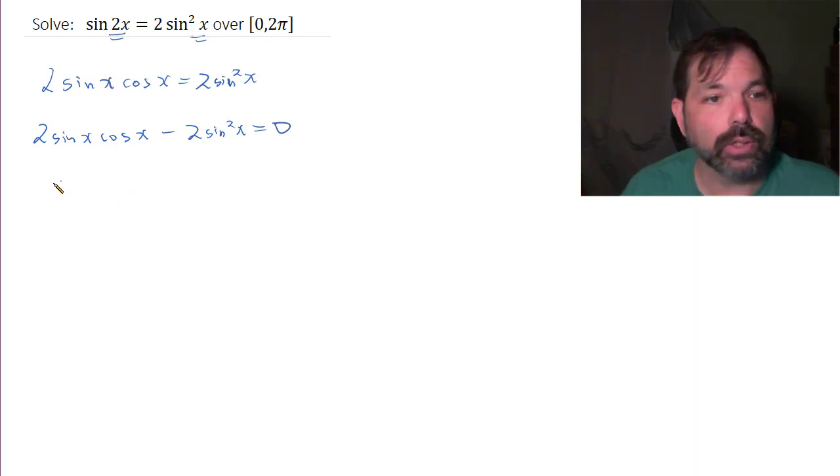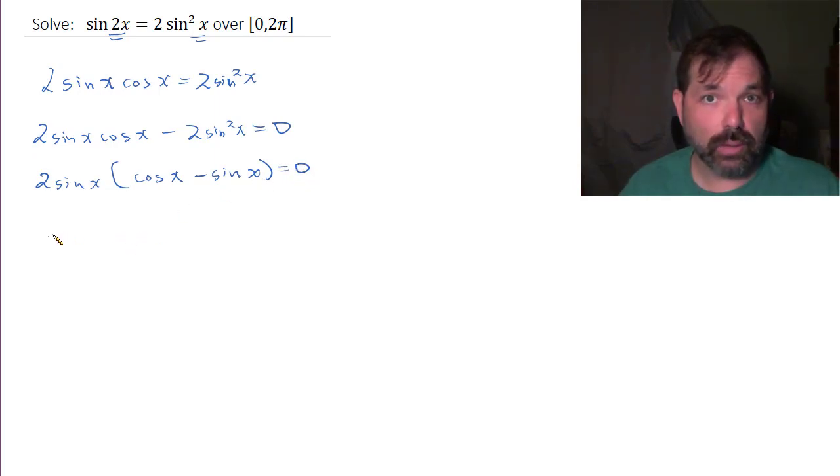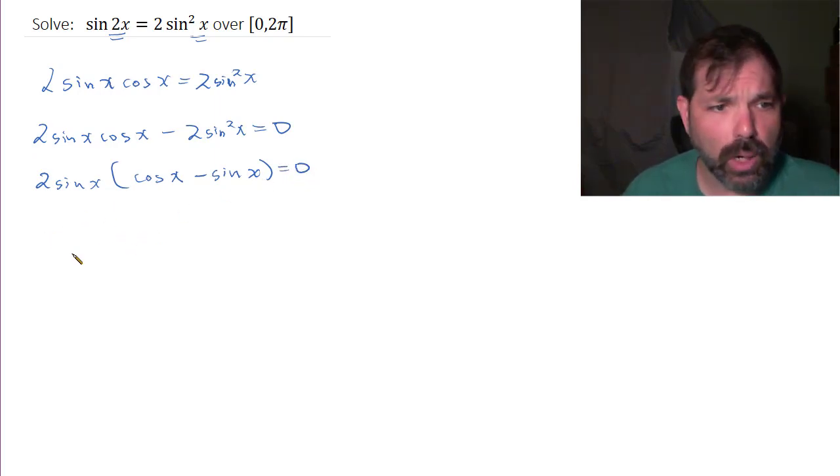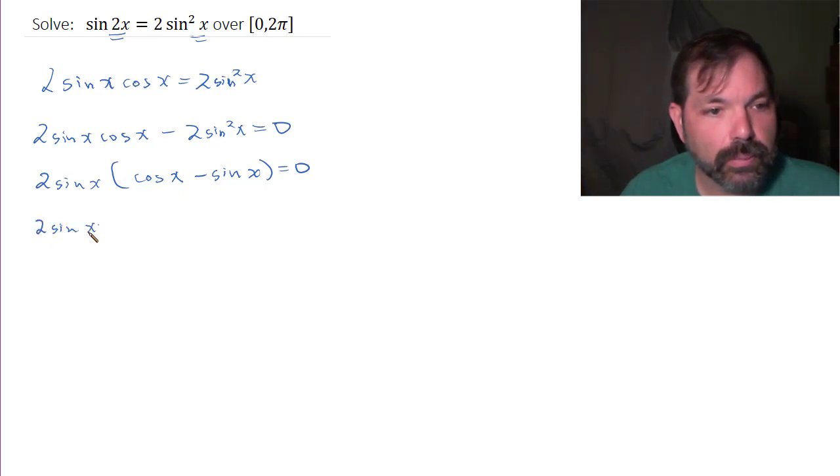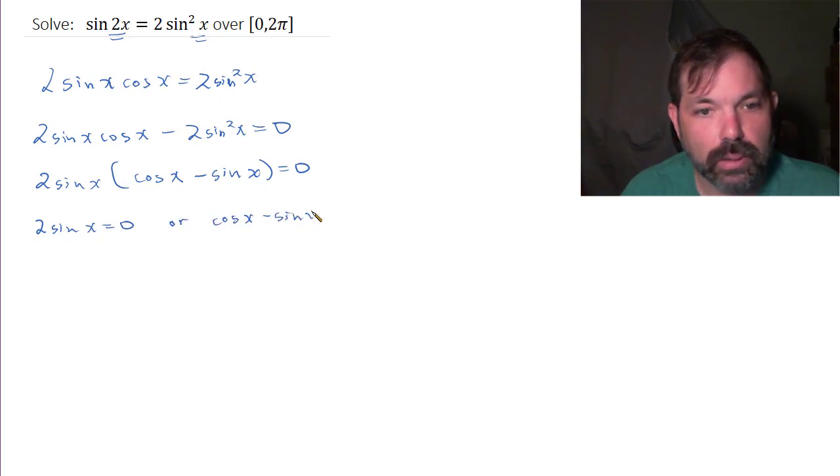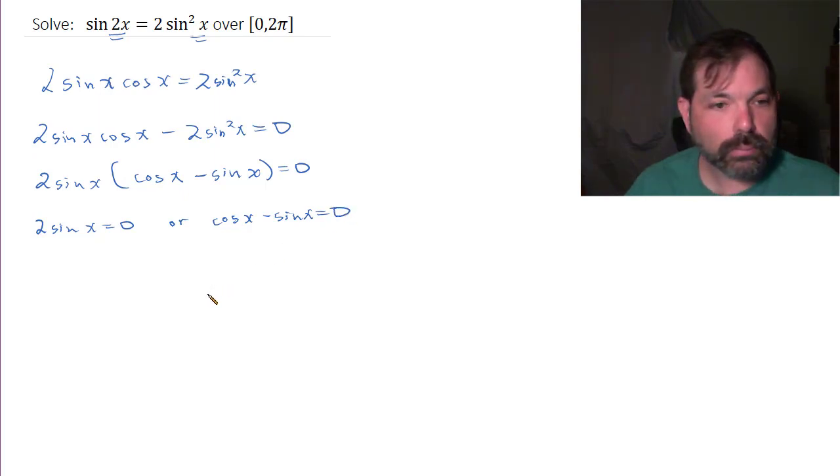Let me factor that out. 2 sine x times cosine x minus sine x is 0. So then using the zero product property, this means that 2 sine x is 0, or cosine x minus sine x is 0.